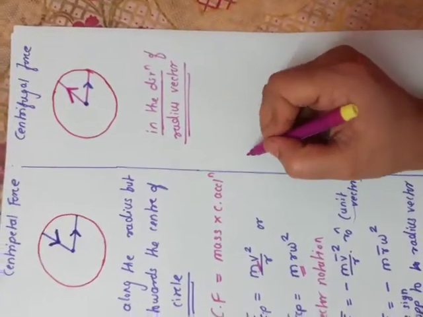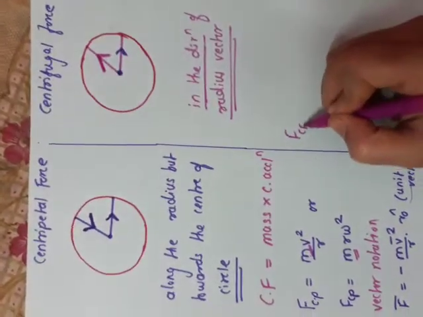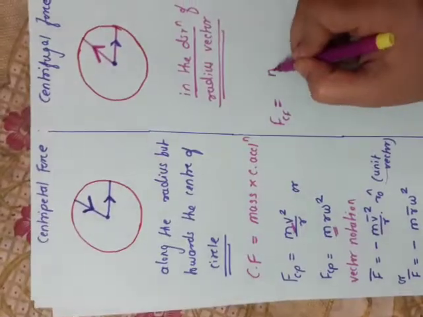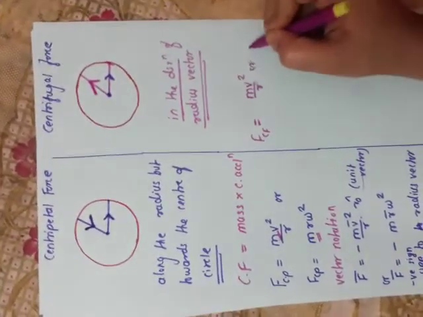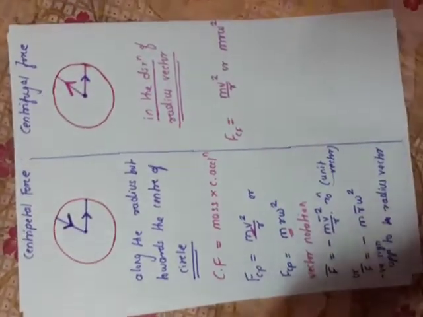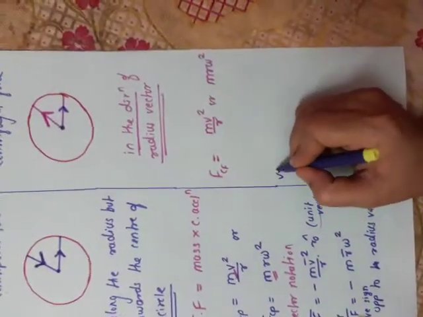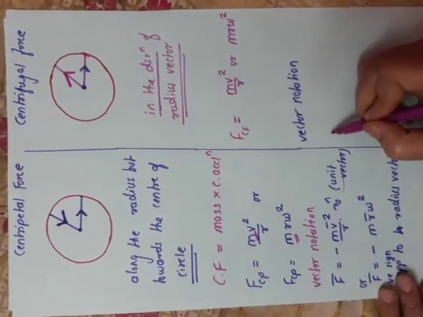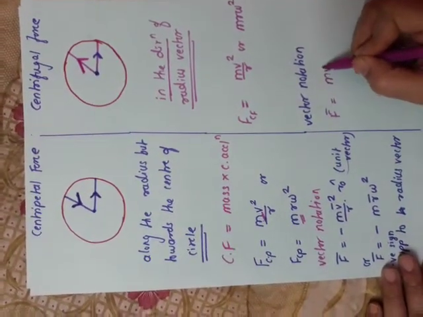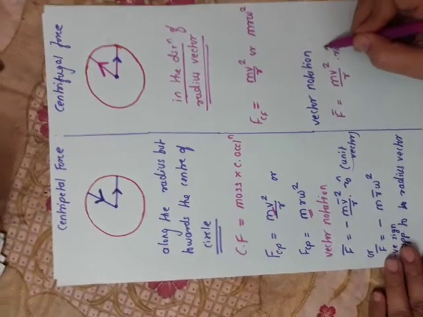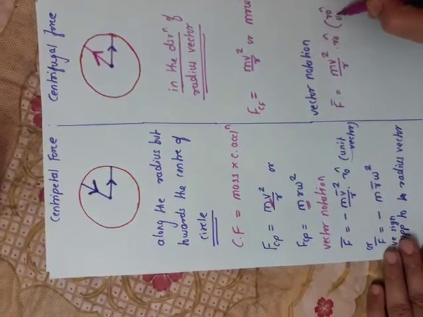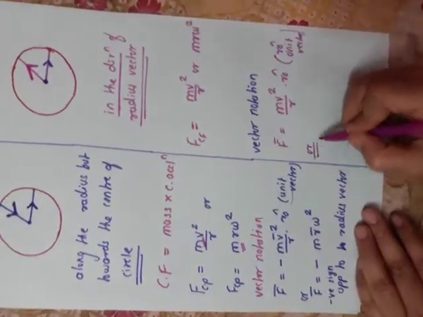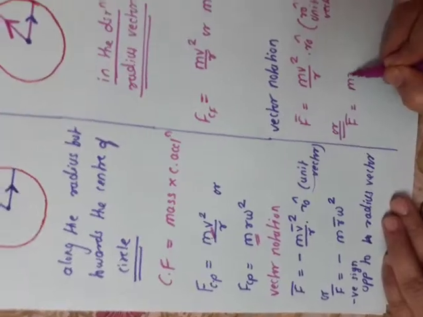The formula is again the same: centrifugal force F CF is equal to m v square upon r, or m r omega square, but the vector notation is different. F bar is equal to m v square upon r into r0 bar, where r0 bar is the unit vector, or F bar is equal to m r omega square.